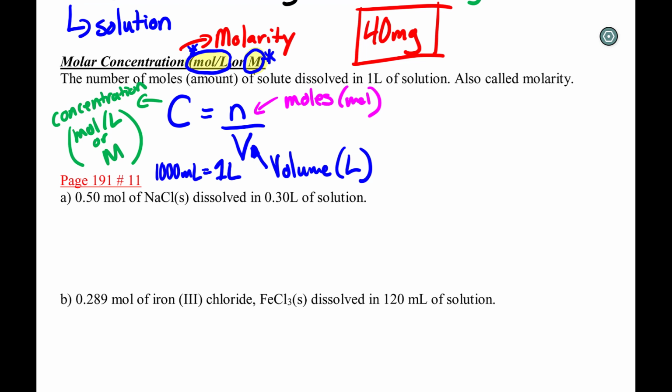Now there is a variation of this. A lot of the times we're not given the number of moles, but rather the mass, because when you're in a lab, we don't have a thing called a mole scale. We only have a mass scale.